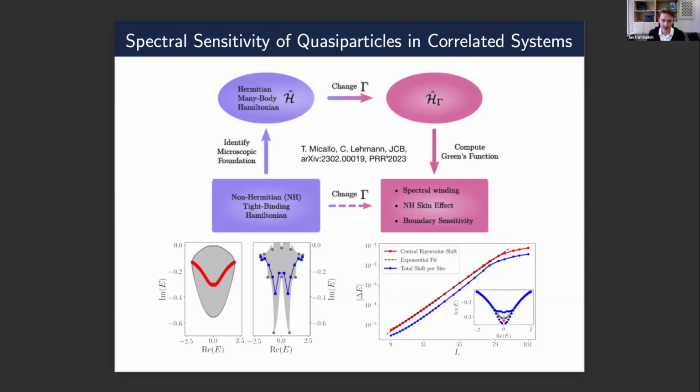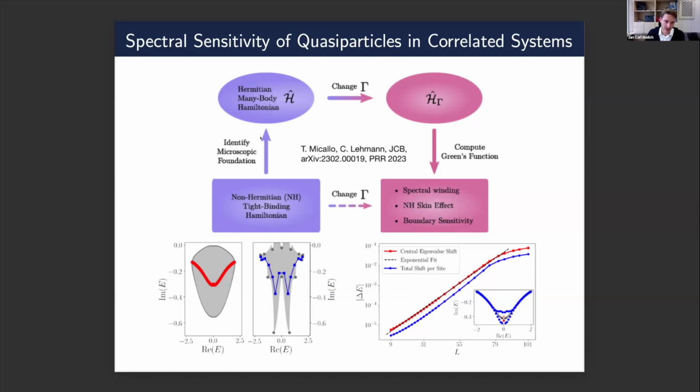And what we did in this recent paper, because such phenomena have mostly been studied so far at the phenomenological level of non-Hermitian tight-binding models, where you just add some non-Hermitian term by hand, and then you get all these interesting effects: the spectral winding, the gray term, this sudden collapse and the sensitivity with respect to boundary conditions.